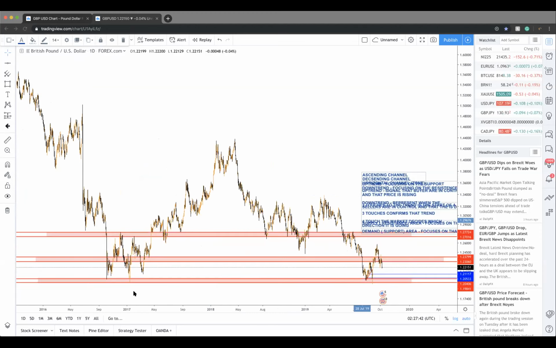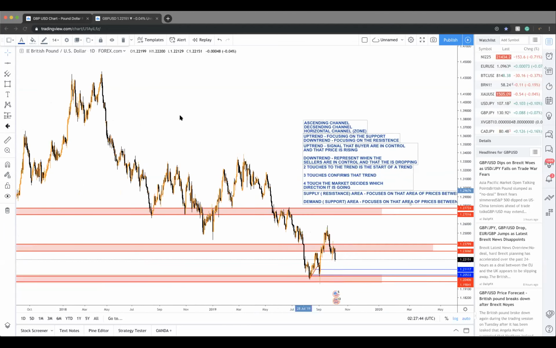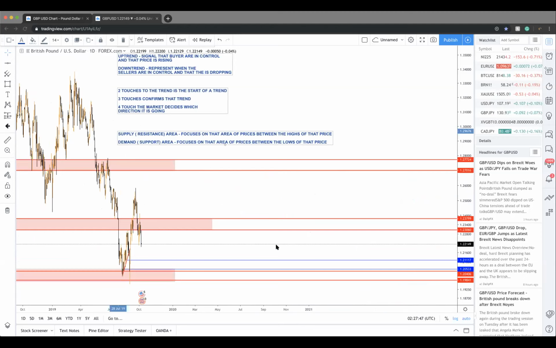Okay? So a breakout is when, and I'm going to use my whiteboard here, let's say we have supply and demand here, and I have the market making a push to the upside. So we've seen here where prior the market came up and then came back down, right?